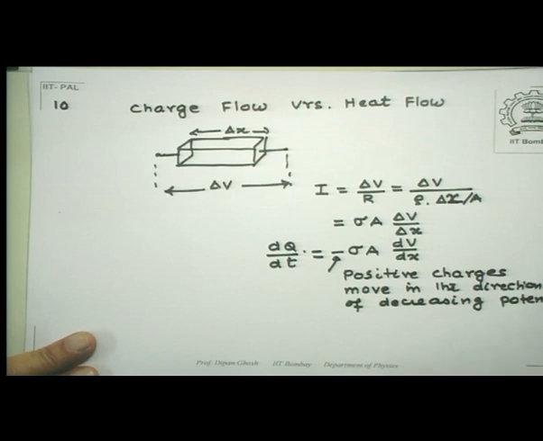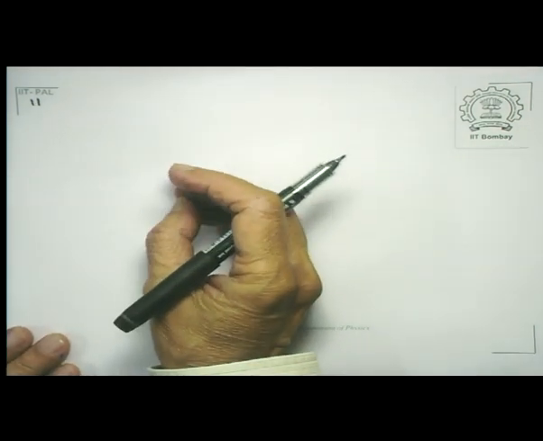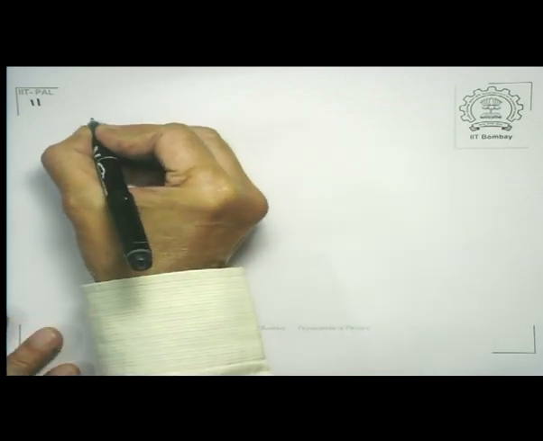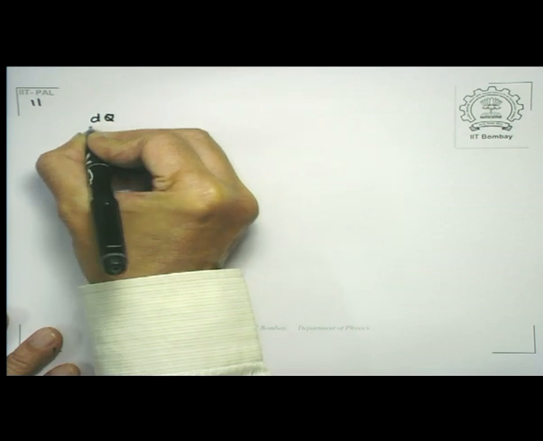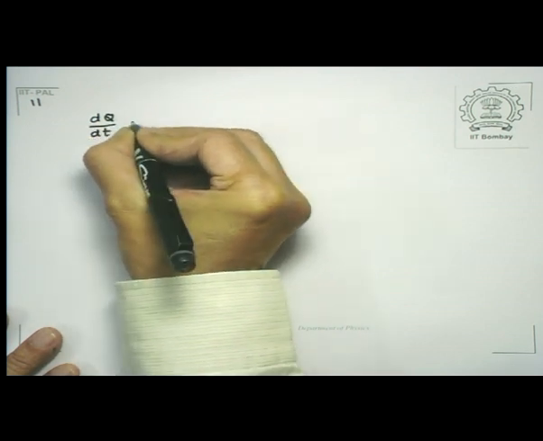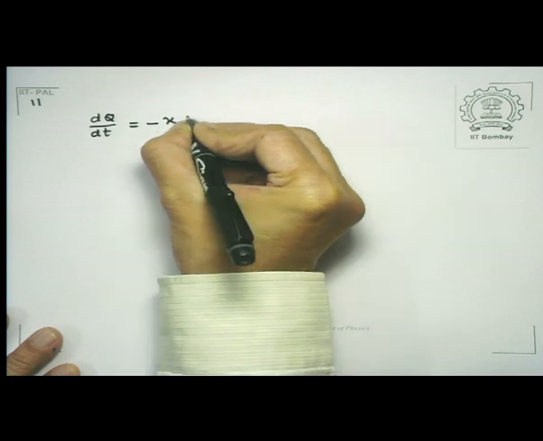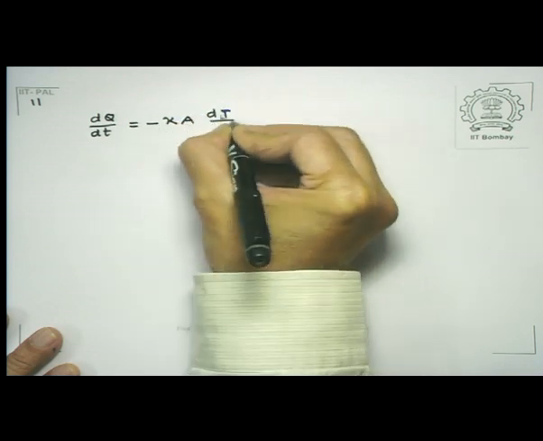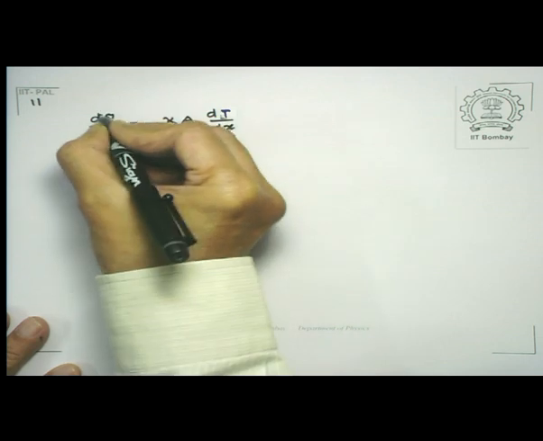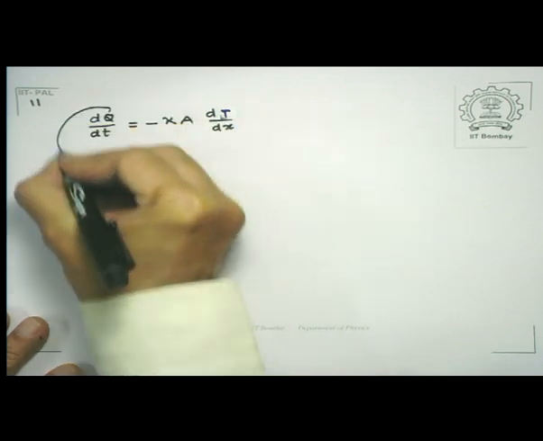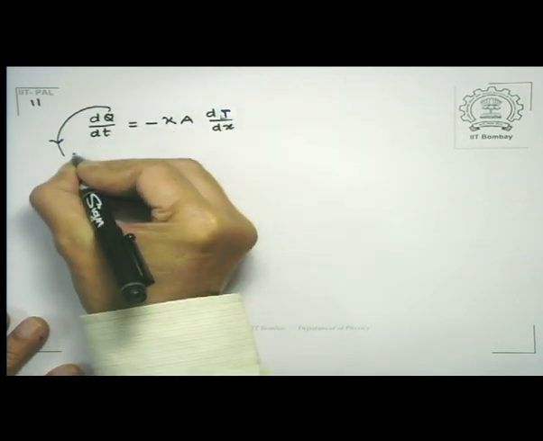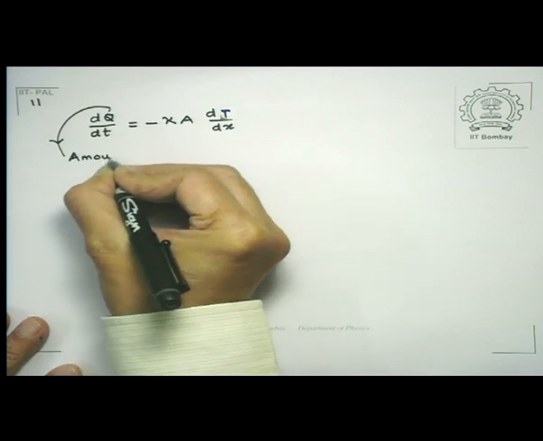Now let us look at what statement I can make about heat flow. If you recall your discussion when you discussed heat conductivity, you will realize the equation for heat transport was given by dq by dt is equal to minus kappa A dT by dx, where this q in this case is actually the amount of heat instead of charge as we are discussing now.